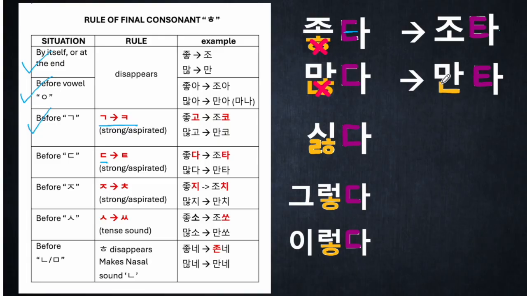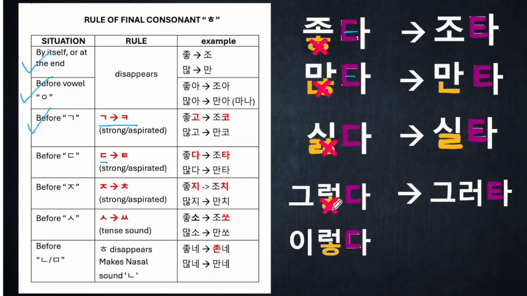You keep the first one here. The next one, you drop h, and then it becomes 많다, 많다. How about this? Try this. 싫다, 싫다. I don't like it. That's what it means. Here, drop this, and this becomes strong.